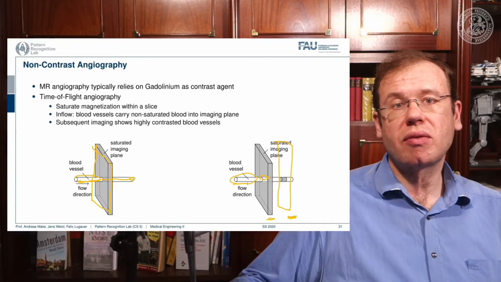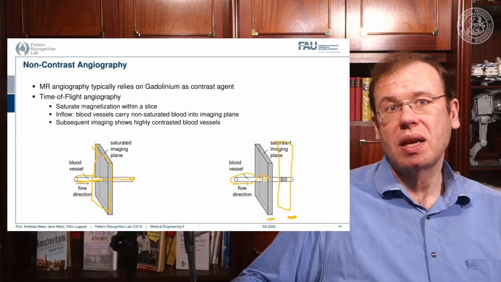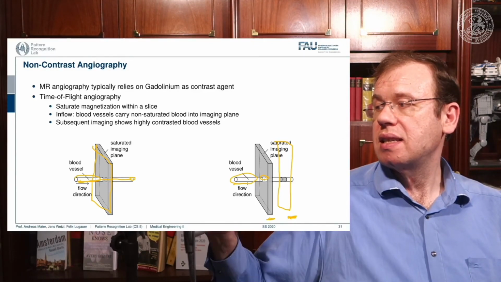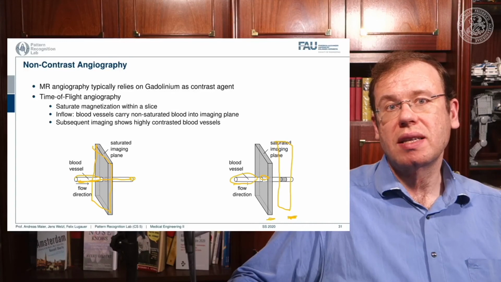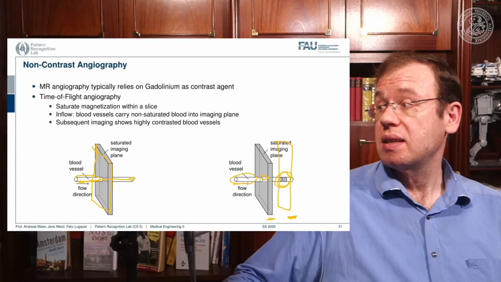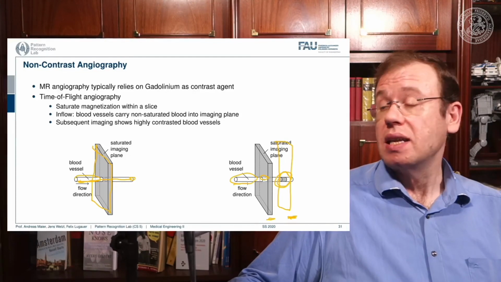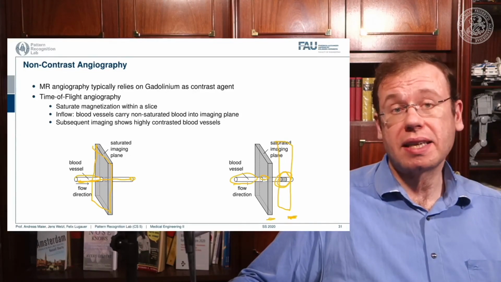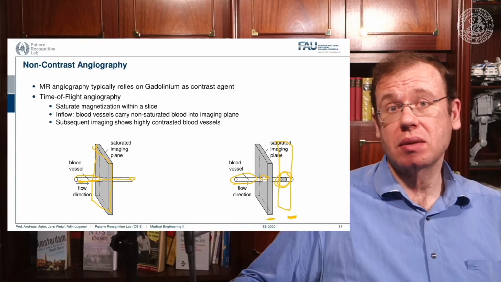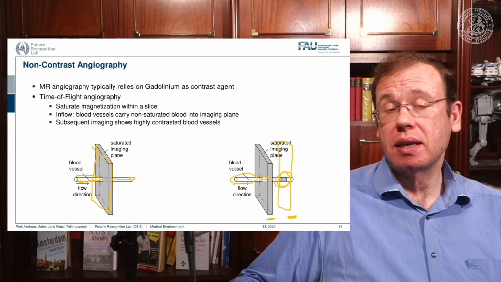So you use a different encoding scheme for the time of the readout, and this gives you images that will only be able to read signals in this direction. That's pretty cool, because then I have magnetically tagged the blood and the blood vessel, but I don't need any additional contrast agent.